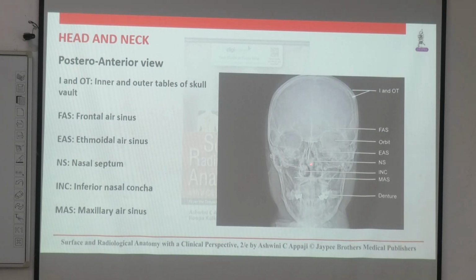Besides these sinuses, the bony shadows and soft tissue shadows, if anything additional is there, you have to mention it. This is how we talk about any skygram picture: bony shadows, soft tissue shadows, and additionally anything else you see. So this is one of the pictures you have to understand, the AP view, anterior posterior view, of the skull or face region.